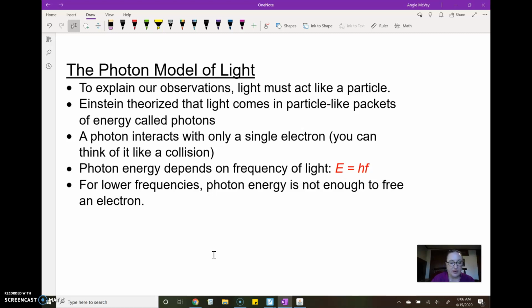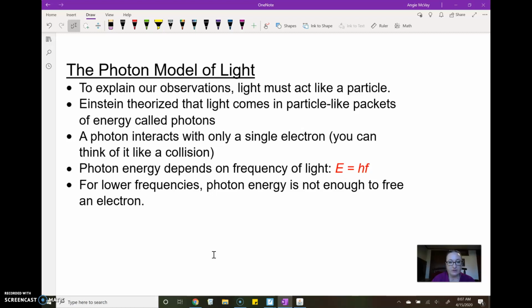But what Einstein theorized was that a photon interacts with only one electron, and you can think of them like two particles that are colliding. And the photon imparts its energy to the electron, just like two balls would impart their energy to each other in a collision.